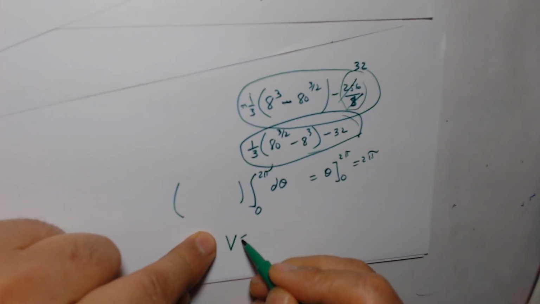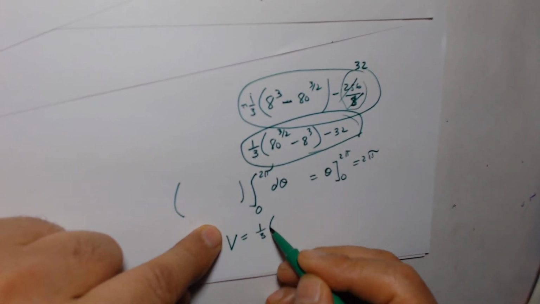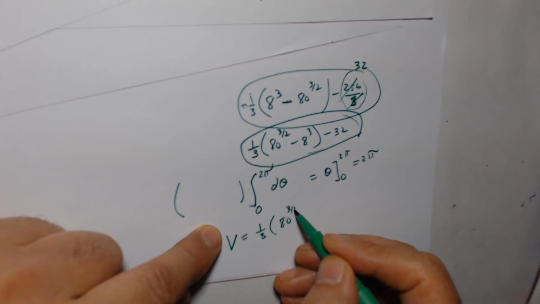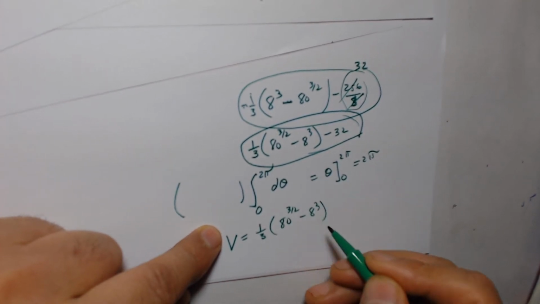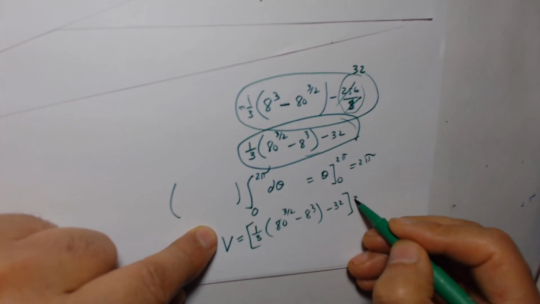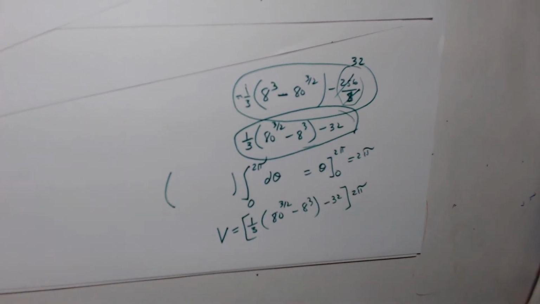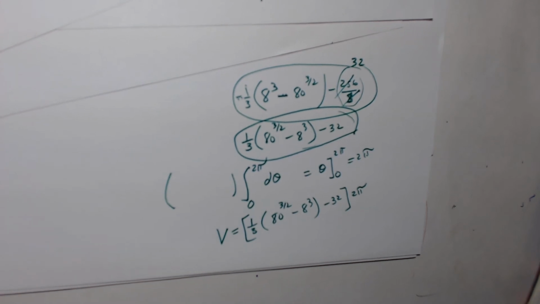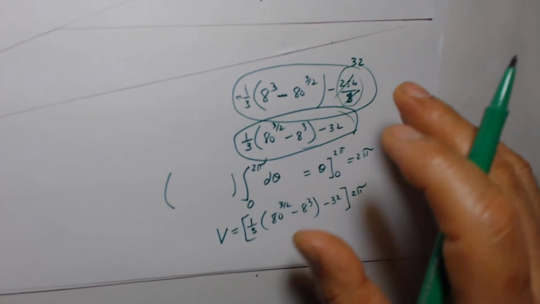Then the volume is 1/3 80 to the power of 3/2 minus 1/3 minus 32, all of these multiplied by 2 pi. And I'm sure you can put this in a graphing calculator and solve that problem.